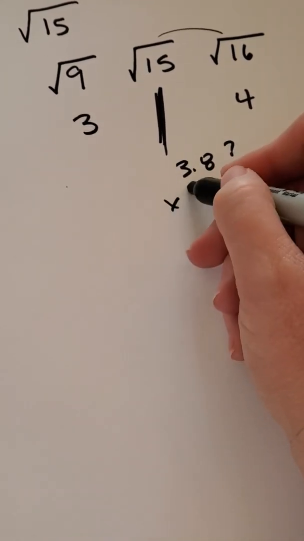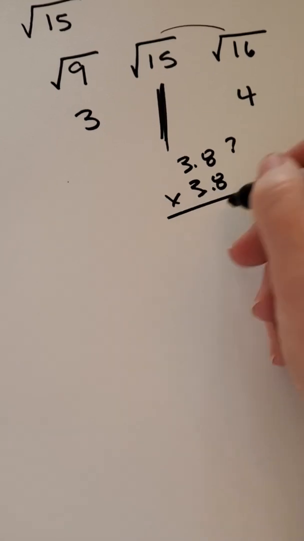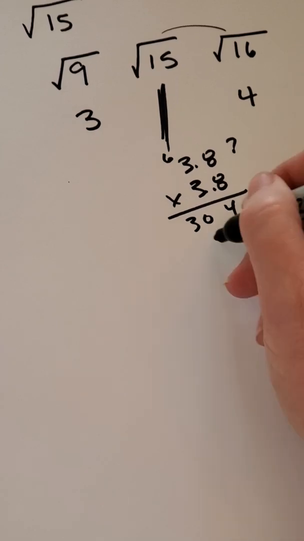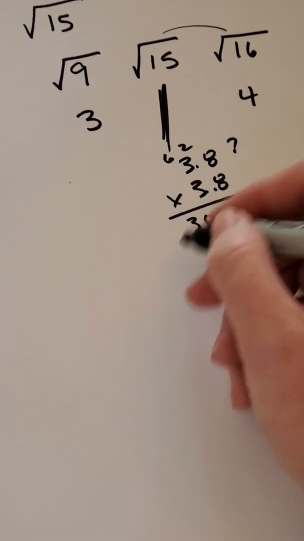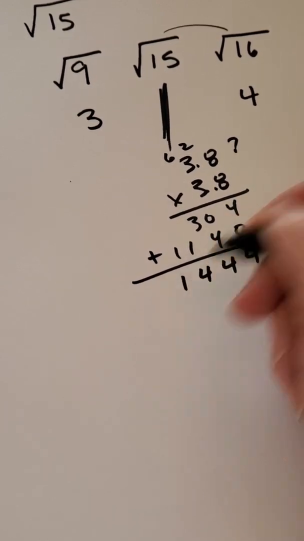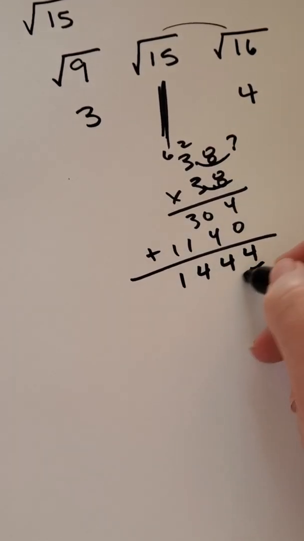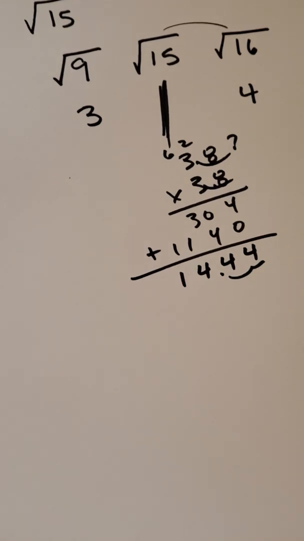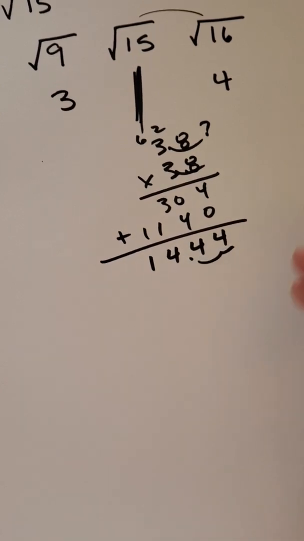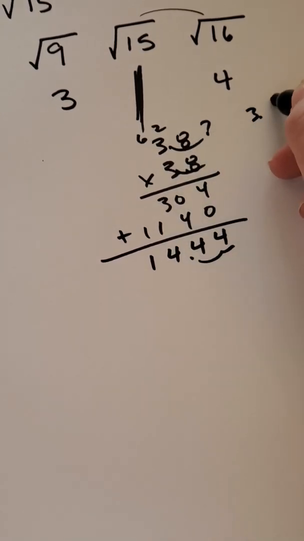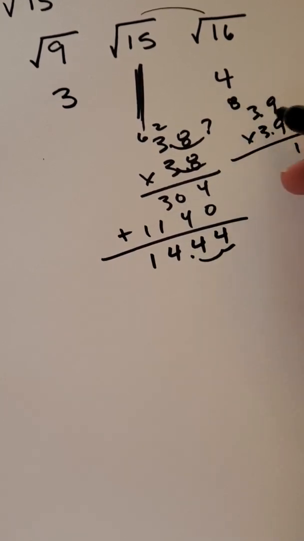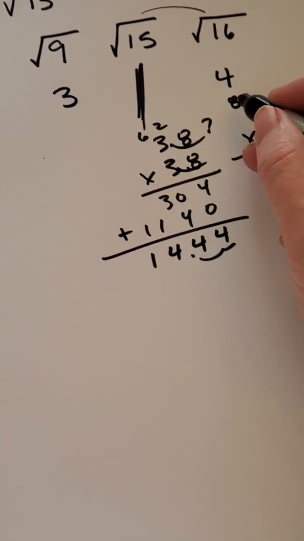Okay, so let's try 3.8 times 3.8. I've got to do my math right now. I could use a calculator, but my phone is recording right now. All right, and we get 14.44. That's really, really close. It's not 15 though, so I wonder if we could go a little bit higher. Let's try 3.9. All right, 3 times 9 is 27 plus 8.